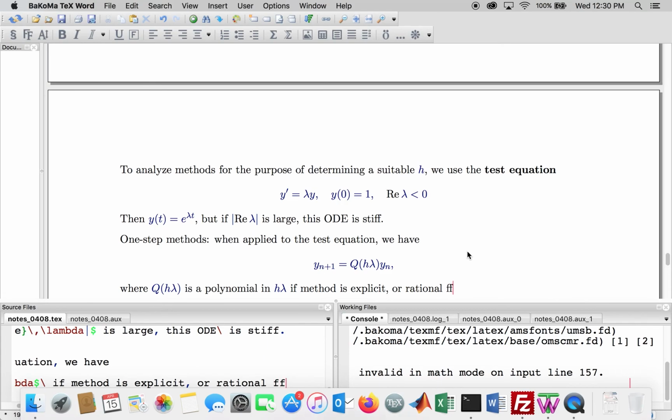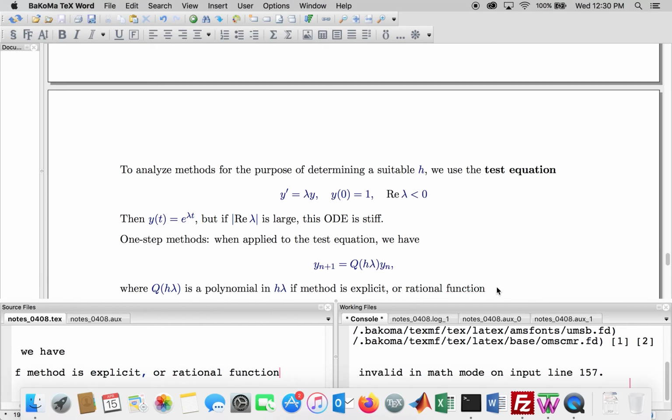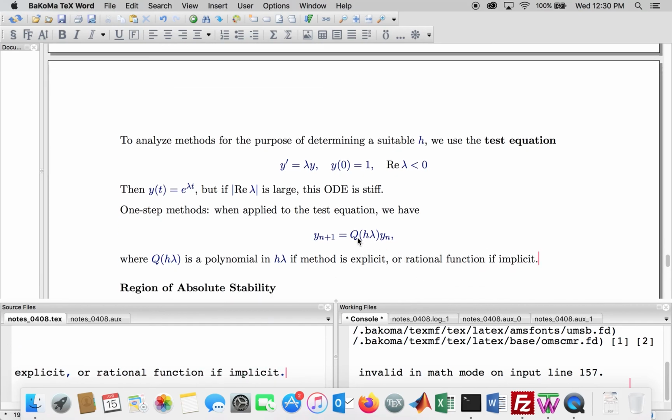So q of h lambda, the function that defines the one-step method, is either a polynomial if the method is explicit, or a rational function, a quotient of polynomials, if it's implicit.